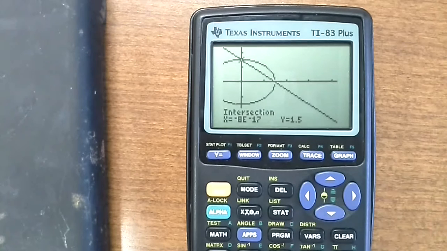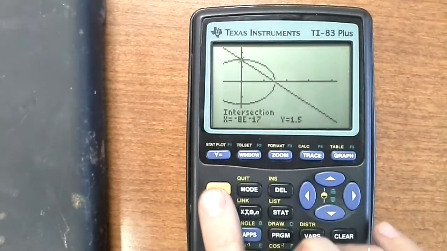And we get a value of x equals negative 8 times 10 to the negative 17th. That's got to be an artifact of just how the calculator processes this. So times 10 to the negative 17th, that's tiny. Let's just go ahead and call that 0. X is 0, y is 1.5.